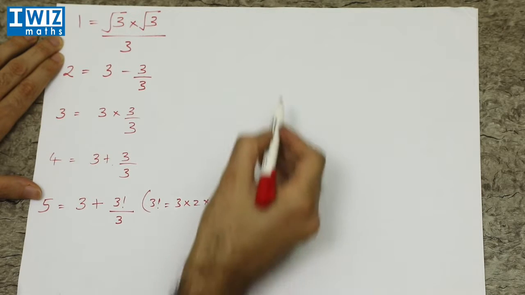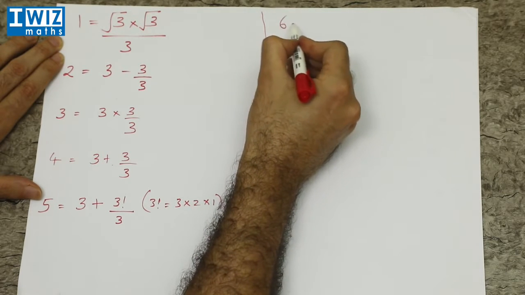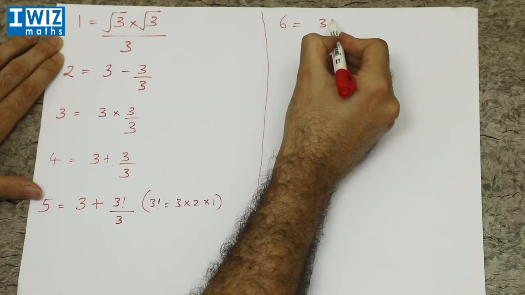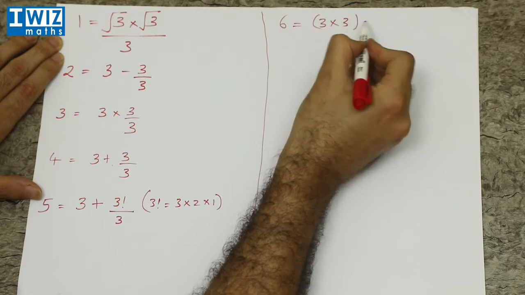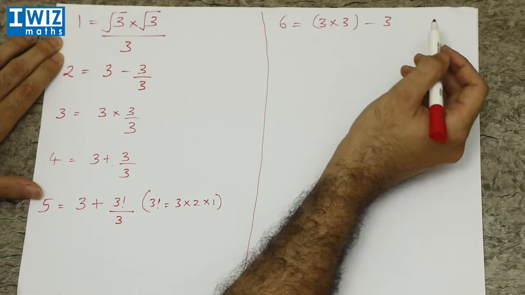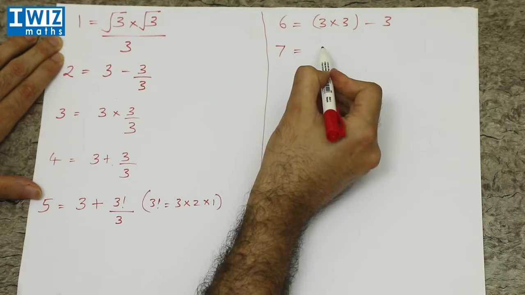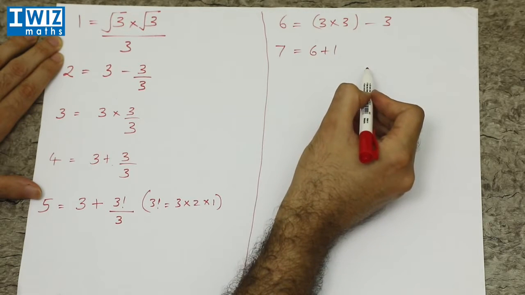Okay, now 6, the number 6 is slightly easy. 6 would just be 3 times 3, which is 9, minus 3, which gives us 6. 7 we can think of as 6 plus 1.